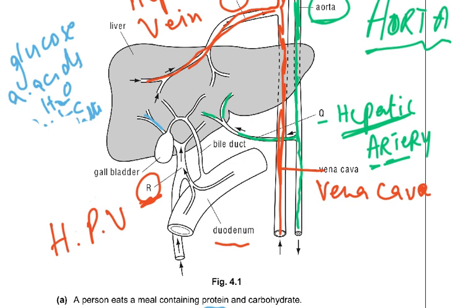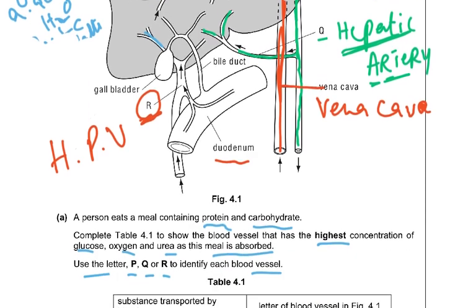So the aorta has the highest amount of oxygen in it. All the arteries arising from the aorta, hepatic artery, renal artery, gastric artery, in the legs femoral artery, will have high oxygen content, except for the pulmonary artery, which arises from the right ventricle.